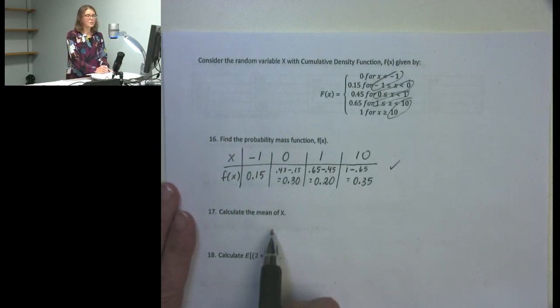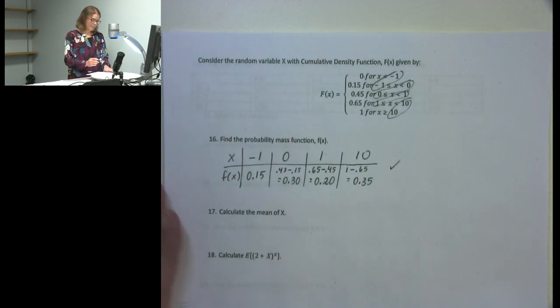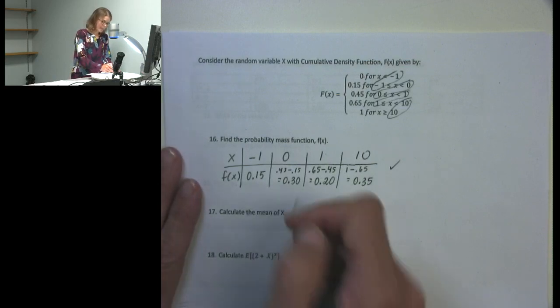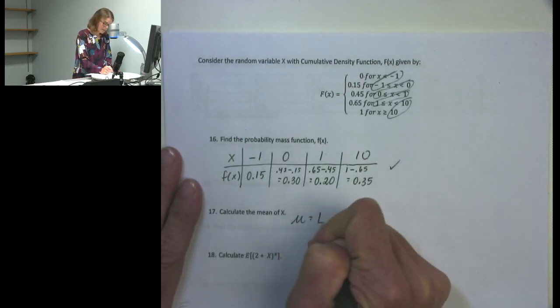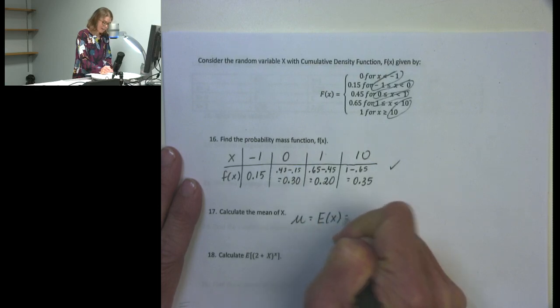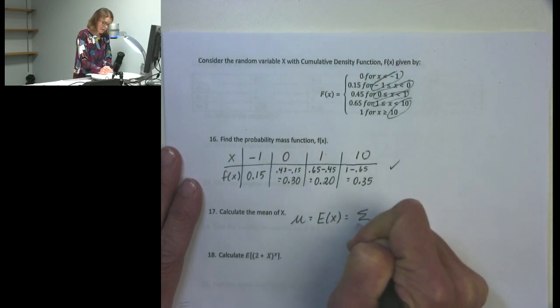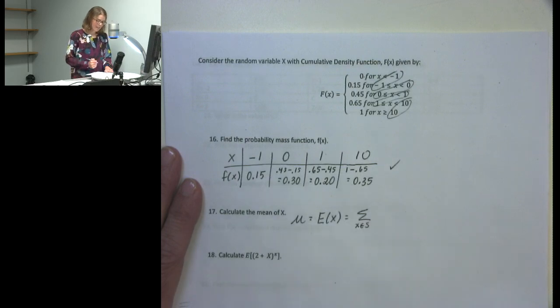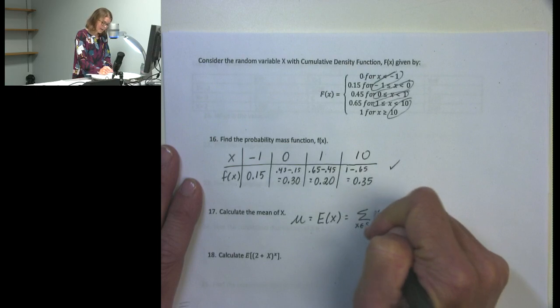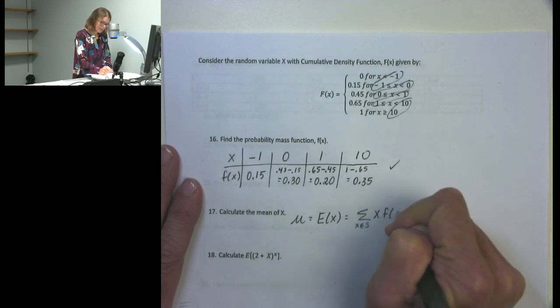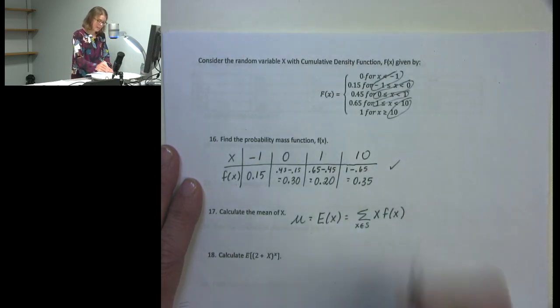Okay, so the next thing we want to do is calculate the mean of x. The mean of x, remember, I calculate mu, the expected value of x. I add up over all of the x in my space, x times the probability that x takes that value, little x.